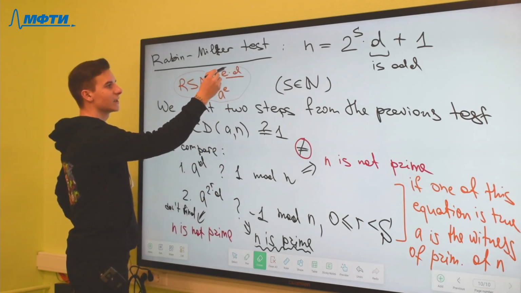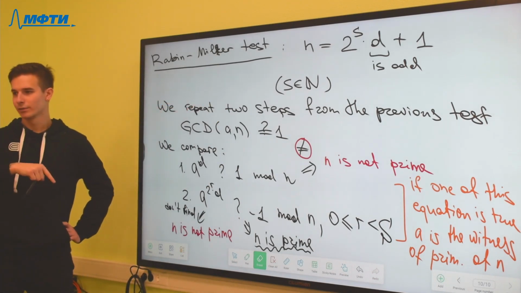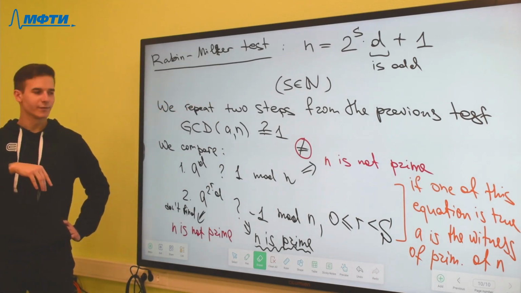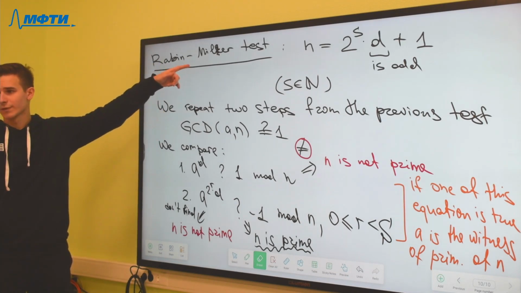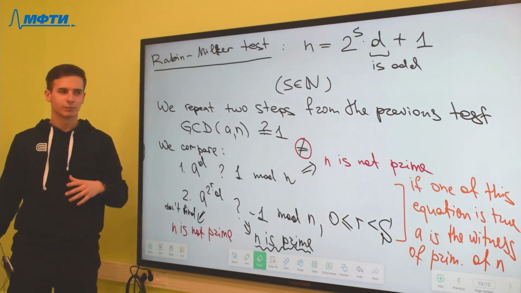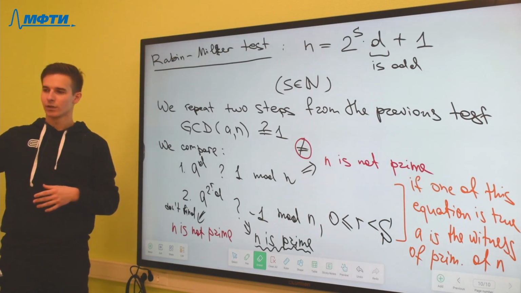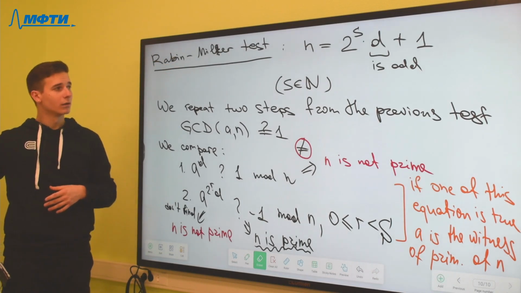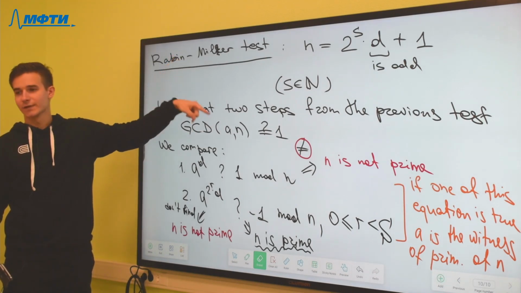So in this case, we want to know a very big prime number. And if we try to find a prime number, we can use these tests, of course. Or in other cases, if you need some big prime numbers, you can check consequently if n is prime by these tests.